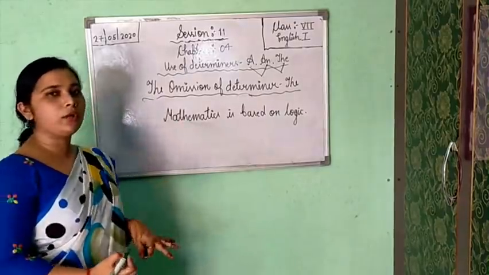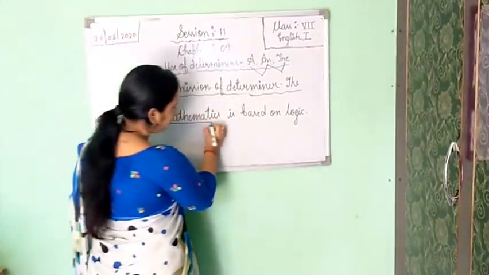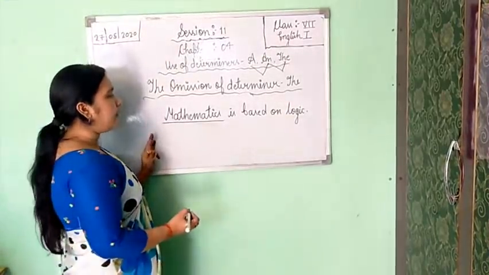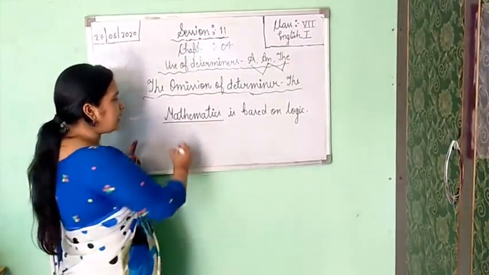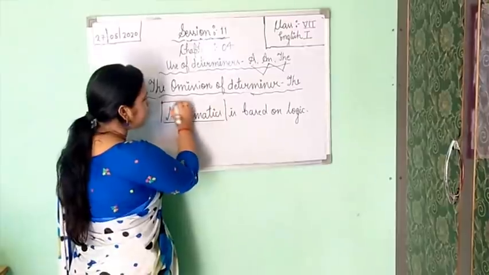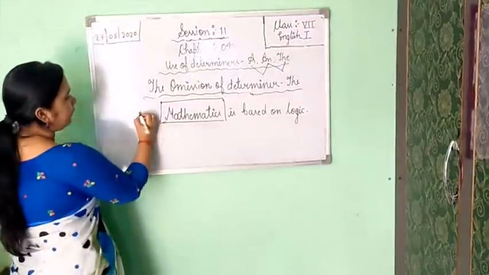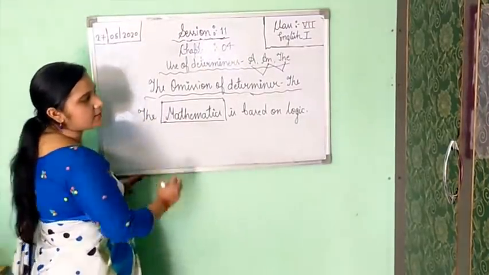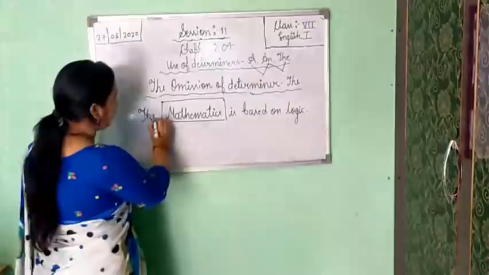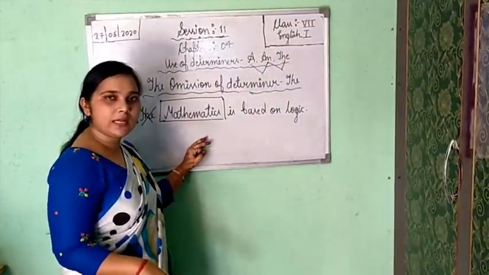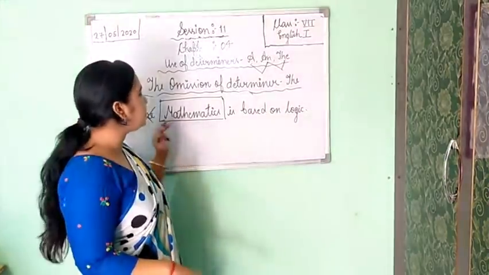As you know, mathematics is the name of a subject we study. In every school, in every class, the students study mathematics. So if you are writing "the mathematics is based on logic," it is wrong, because before the name of the subject which we study, we don't have to use the.